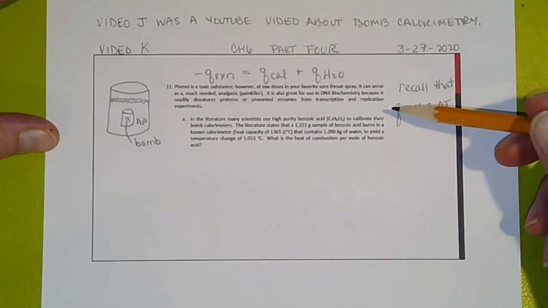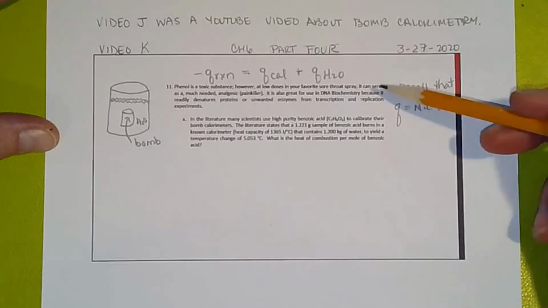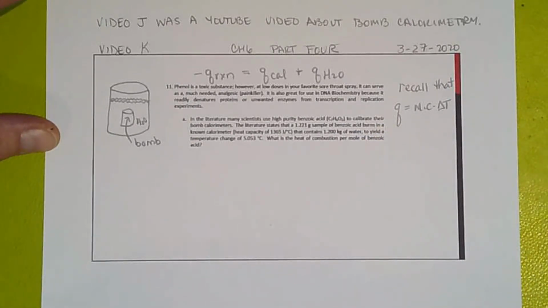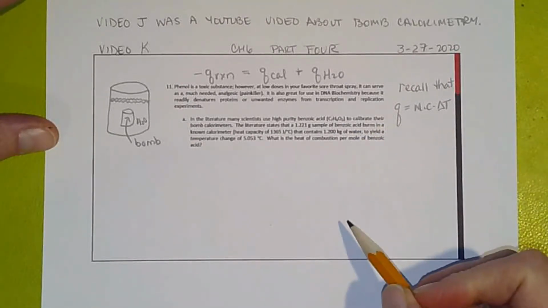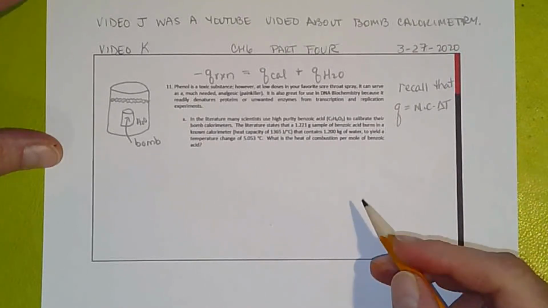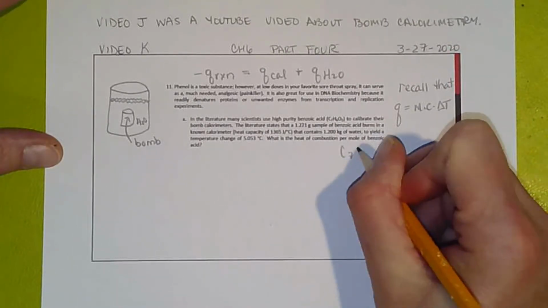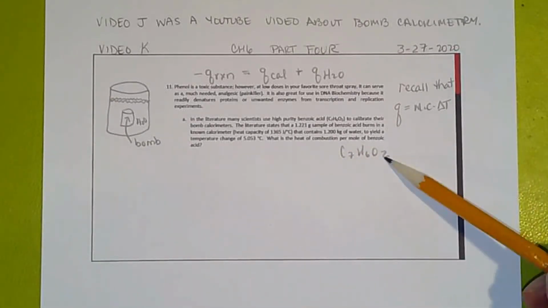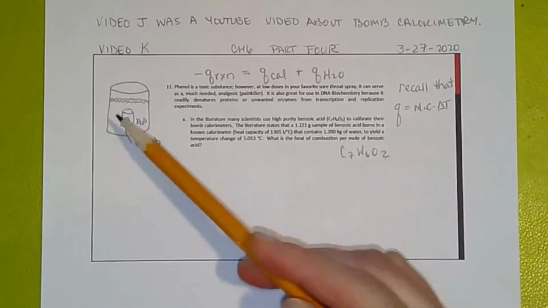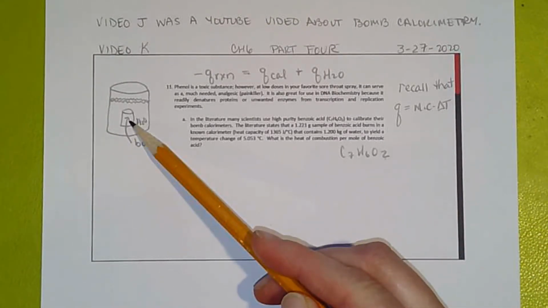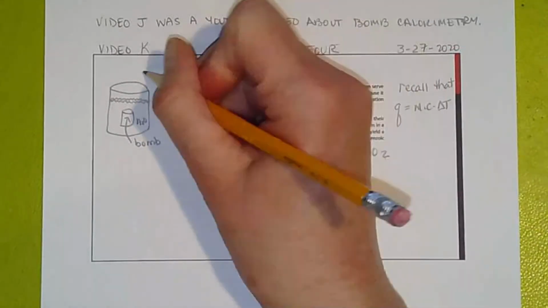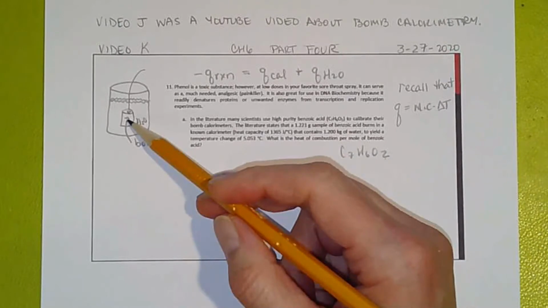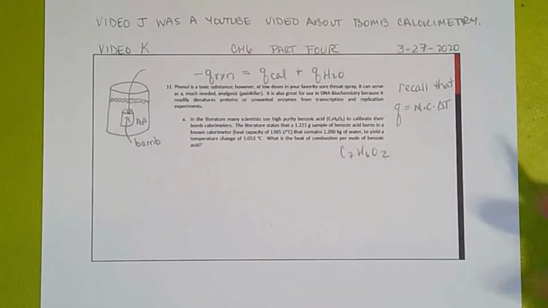This is the best that this camera can do, but you should have a copy of this in front of you. So the question's asking about a sample of benzoic acid, which is C7H6O2. And sometimes people will take a sample of solid benzoic acid, put it in their bomb calorimeter, go ahead and add oxygen and a spark, set it off, it produces heat, and then the heat is transferred out of the bomb.